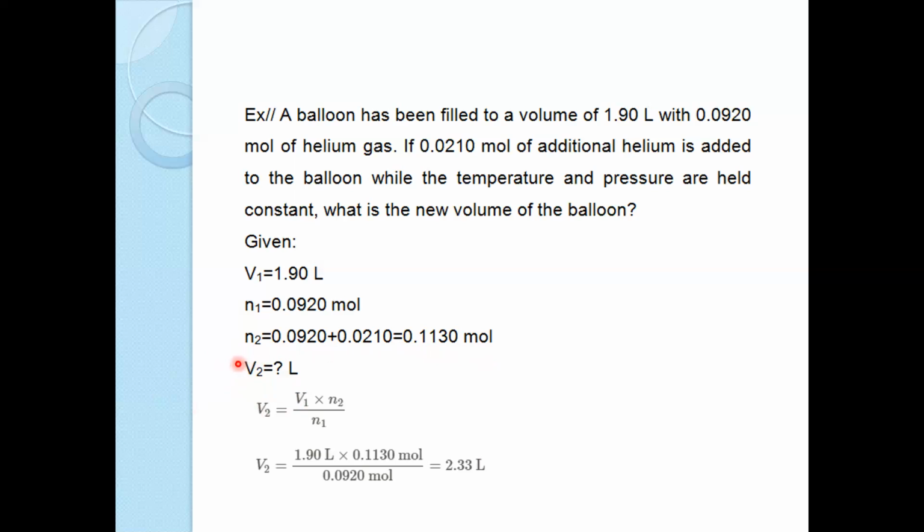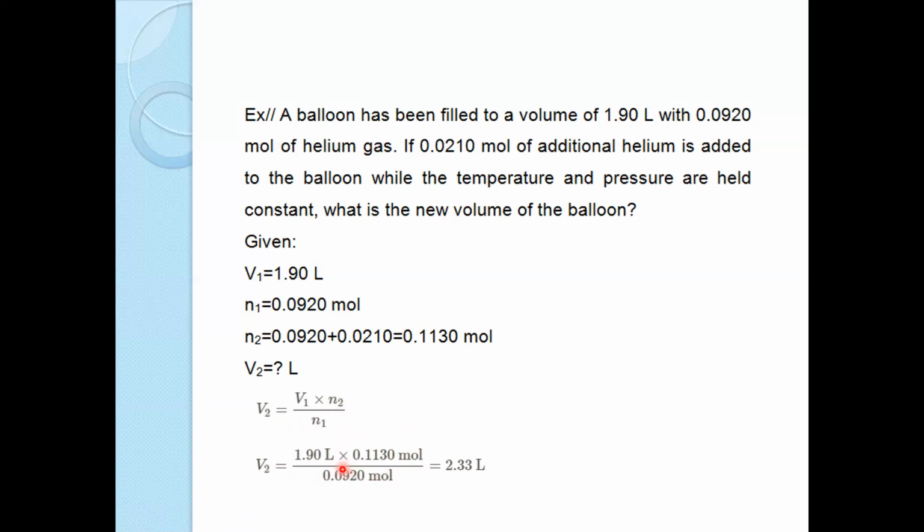Then we have to put the equation of Avogadro's law and rearrange it to find V2. V2 equals V1 times the final number of moles divided by the initial number of moles. Then we substitute the quantities we have, cancel the units, and calculate our results.